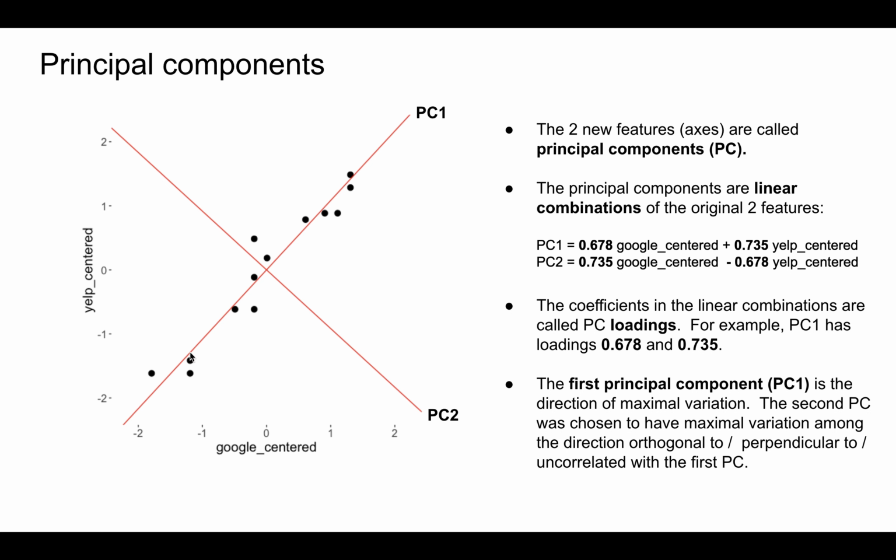The points are very spread out along this feature. The second principal component here was chosen to have maximal variation among the direction that's orthogonal to, perpendicular to, or uncorrelated with this first principal component. That is, it's capturing the information that goes in the opposite direction as the first principal component.